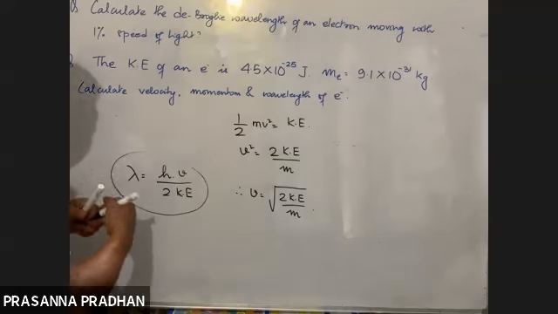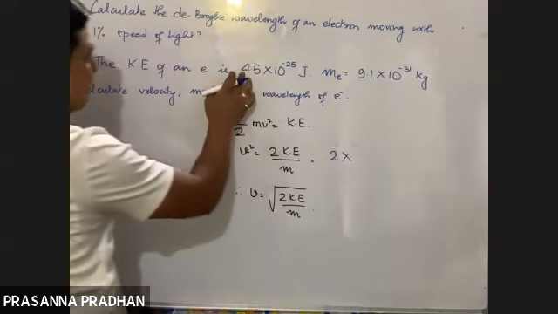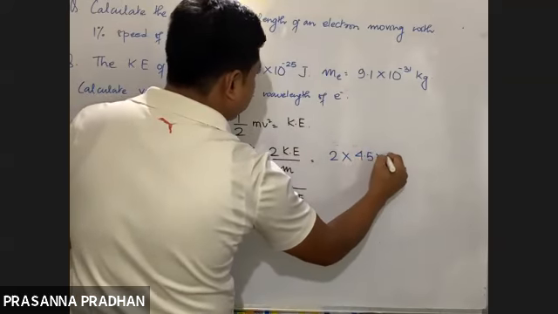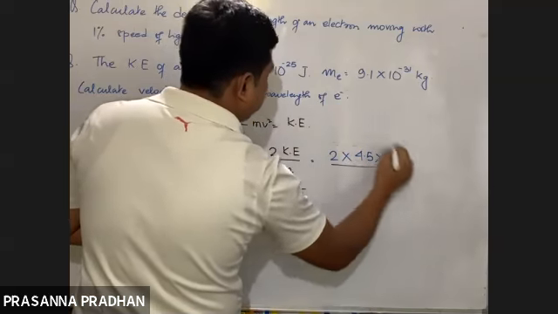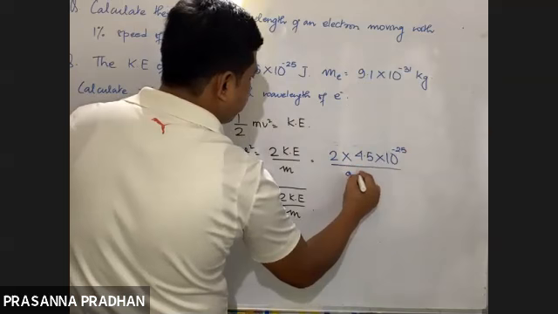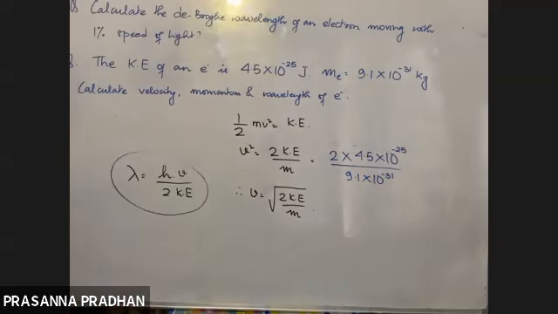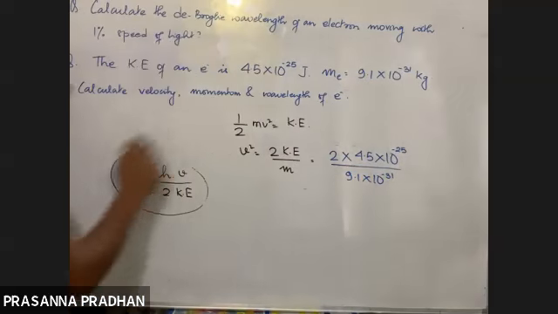First, let us calculate this v square. So twice into what is the kinetic energy? 4.5 into 10 to the power minus 25, divided by 9.1 into 10 to the power minus 31. Don't worry about the square root.